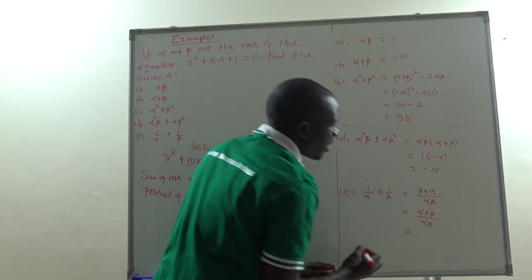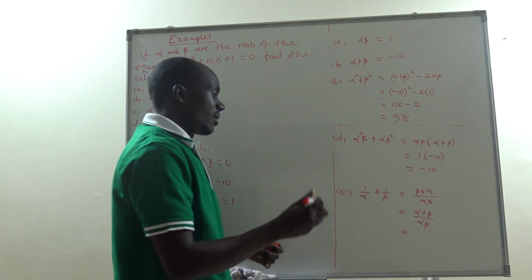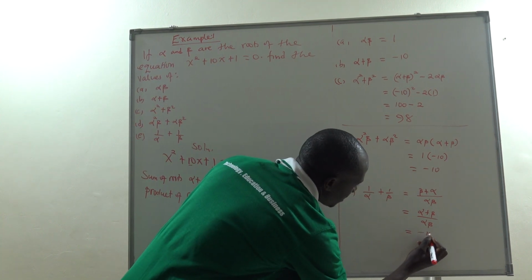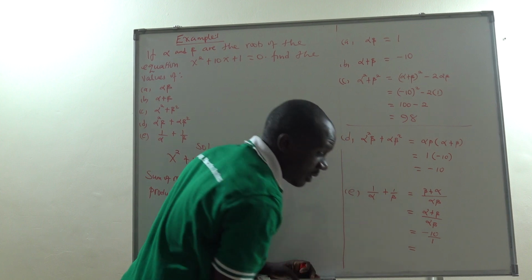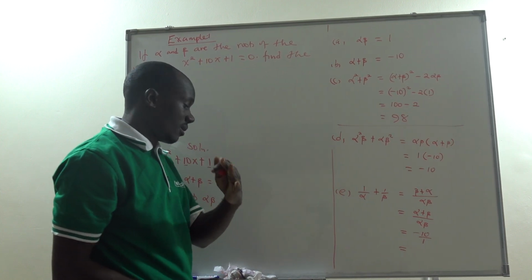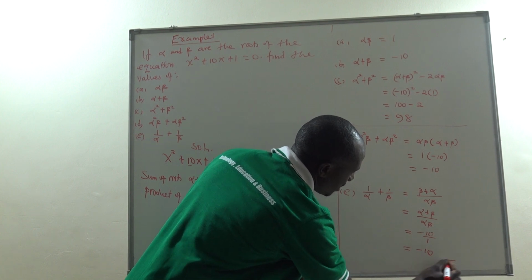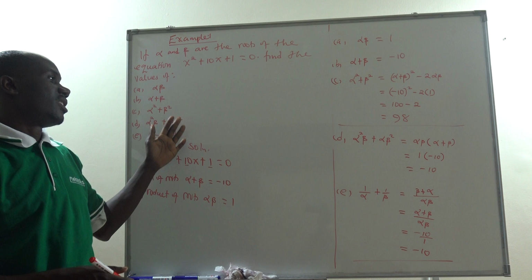Do we know alpha plus beta? Alpha plus beta is already our negative 10. So this becomes negative 10 divided by 1. Any number divided by 1 remains that number. So it becomes negative 10. That's how we normally calculate such kind of example.